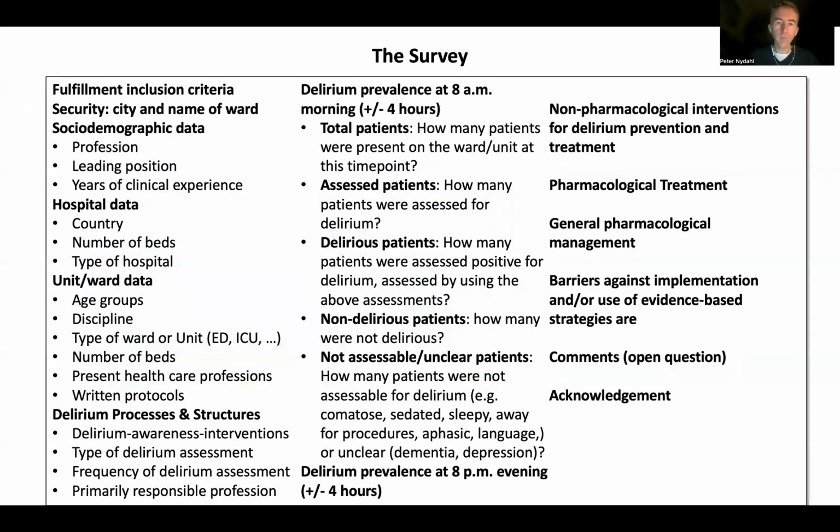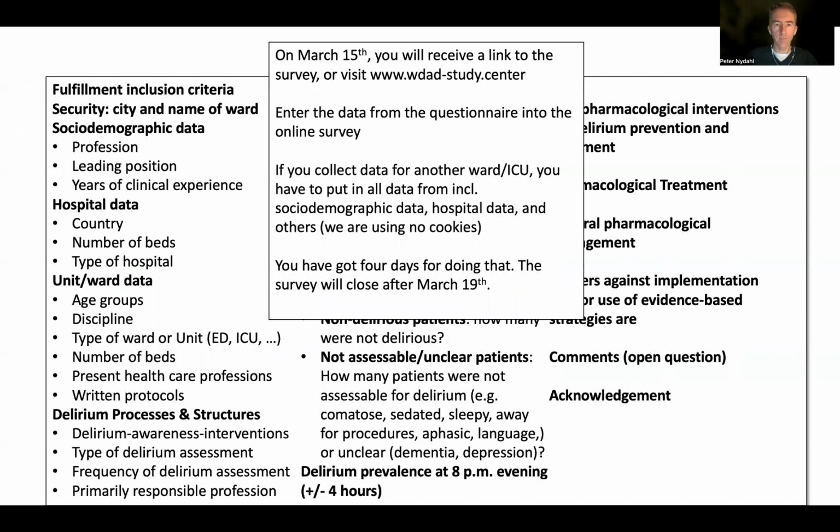Thank you. Again, here's the overview. It takes 50 minutes to answer all questions in our pre-tests, plus the patient's data, but of course, you know your numbers. On March 15, you will receive a link to the survey on SurveyMonkey or visit the website of the study. Enter all the data for the questionnaire into the online survey.